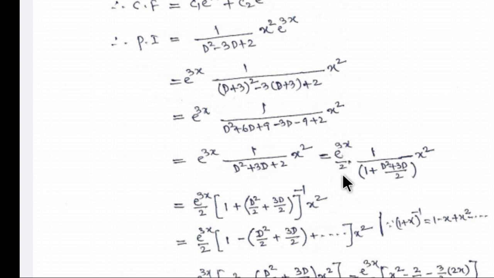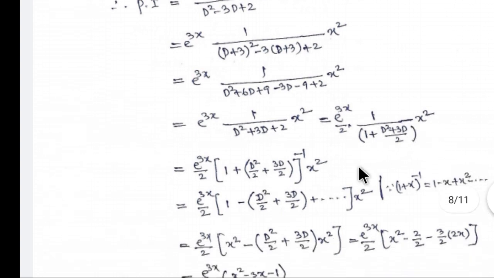So e raised to 3x by 2, and first you write one term, 1, after taking 2 outside, plus the remaining d square plus 3d, not containing 2, divided by 2. So it is in the form of 1 plus x or 1 minus x. Then you operate on this x square.